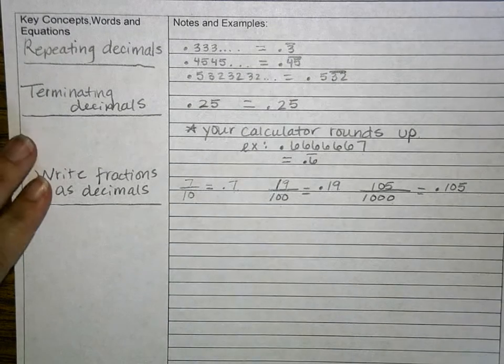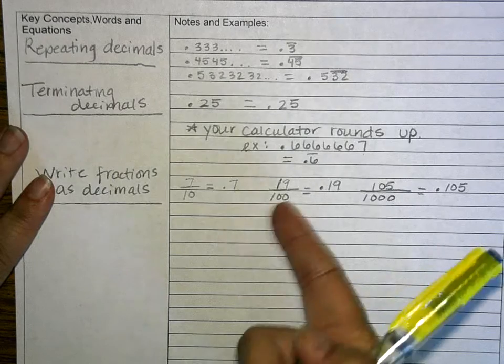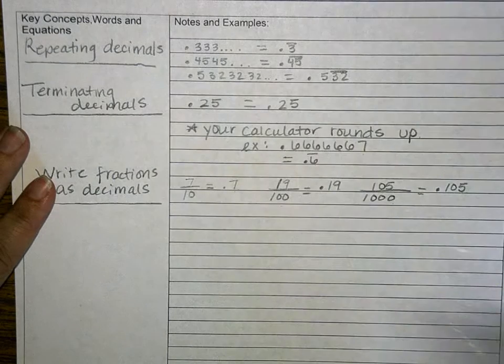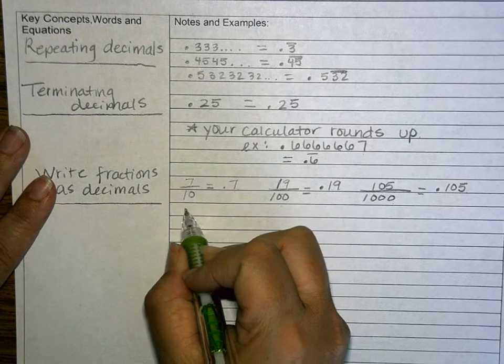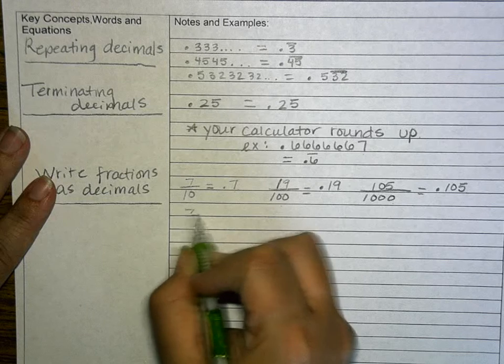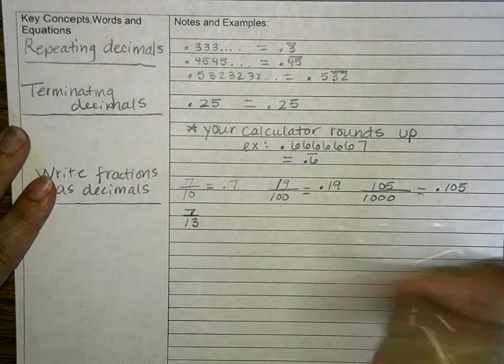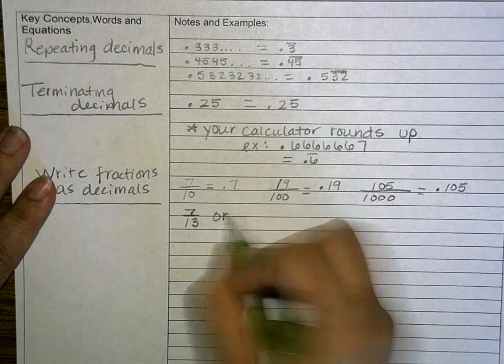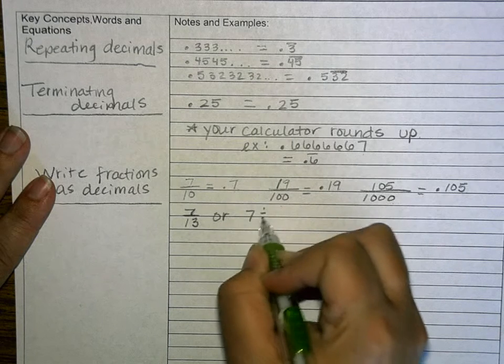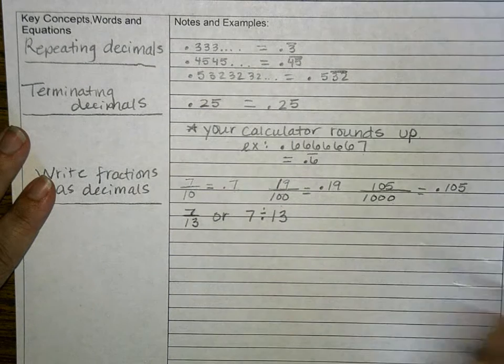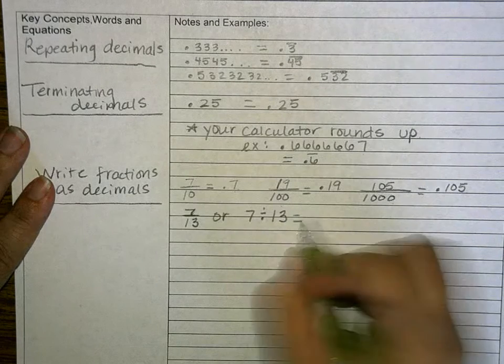The other way to do this, especially if you don't have a real easy one like 10, 100, 1,000, right? Let's say you have like 7 over 13. So you could just put that in your calculator as 7 divided by 13. You remember how to do that? We just did that. Okay?